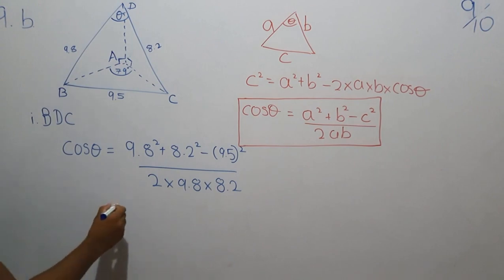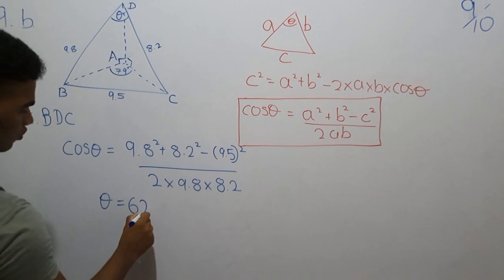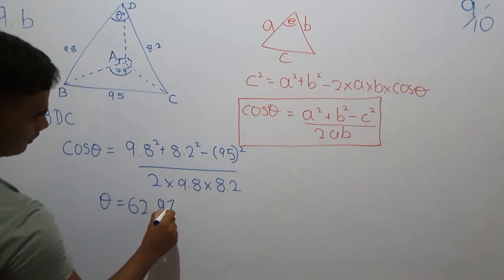Whole thing cos inverse. Straight away put it in the calc and get the answer for theta as 62.97 degrees.